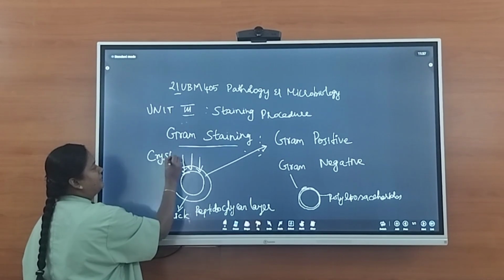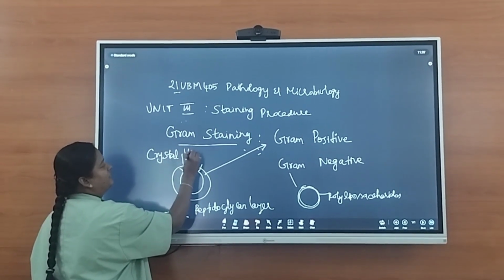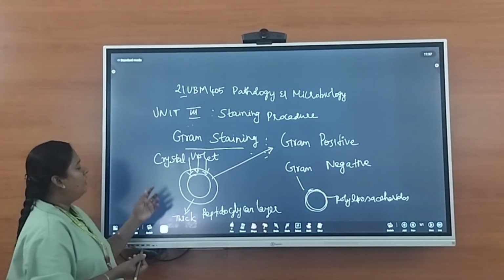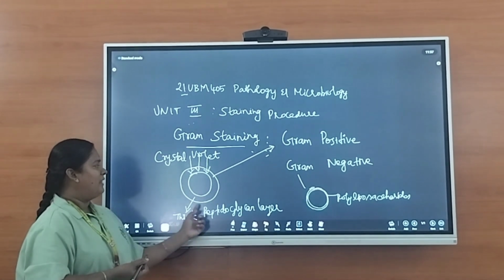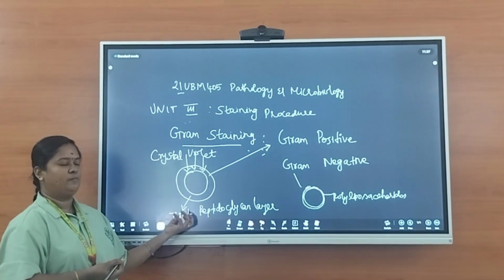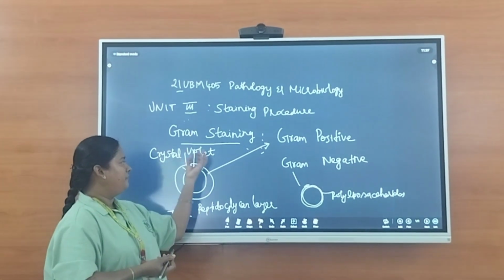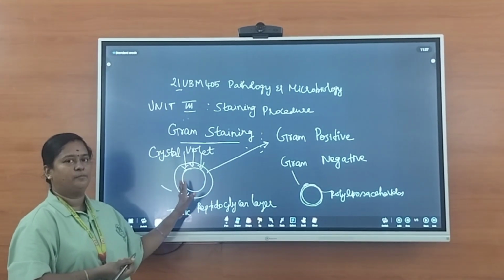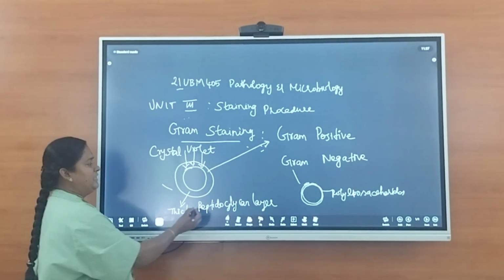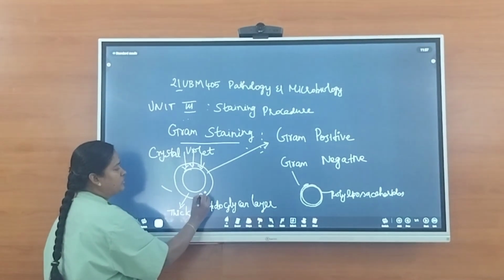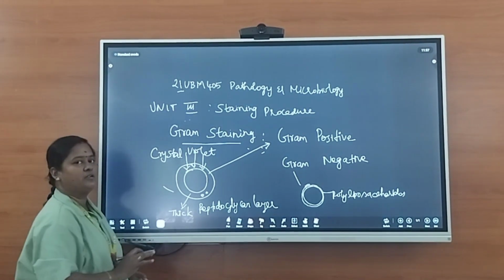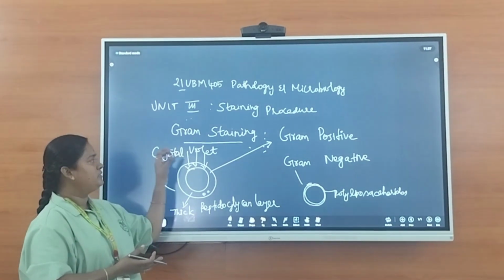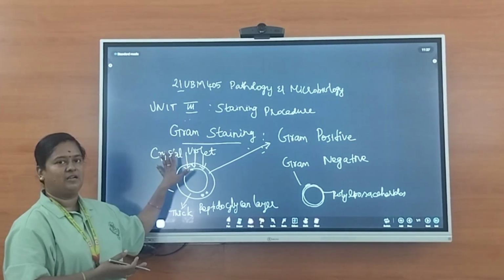Crystal violet, as I told earlier, is a dye used to color the outer layer of the bacteria. If it is gram-positive, it absorbs all the crystal violet. Even if we add a decolorizer or any other stain, it won't come out, because the pores of the cell layers are closed after applying the crystal violet. So we cannot remove the crystal violet once again. Once you apply crystal violet, it retains the violet color.